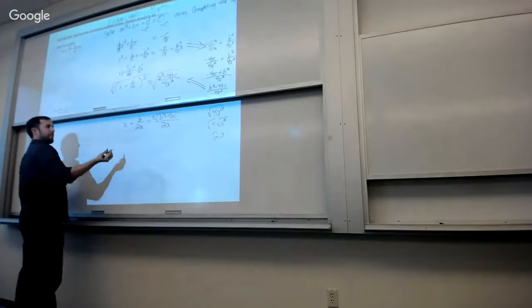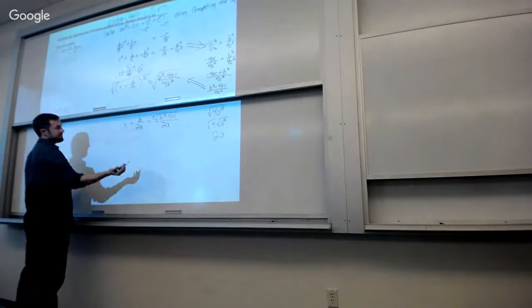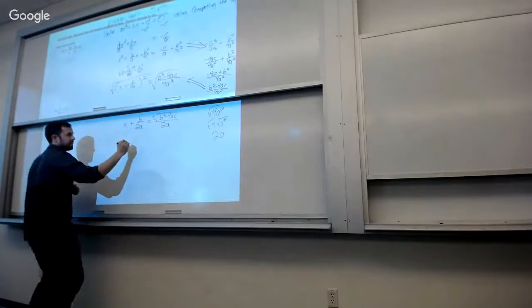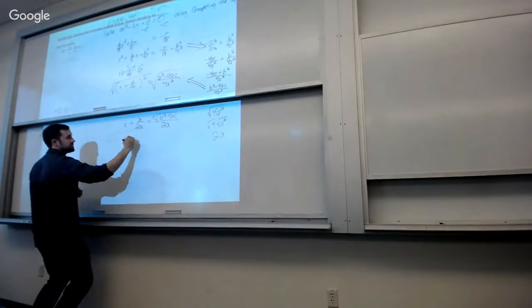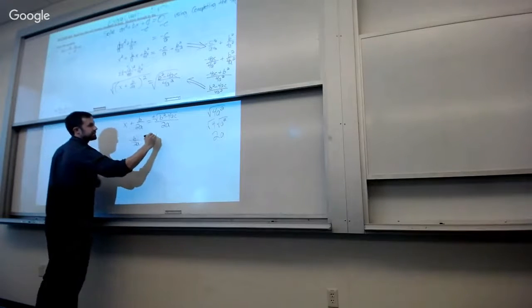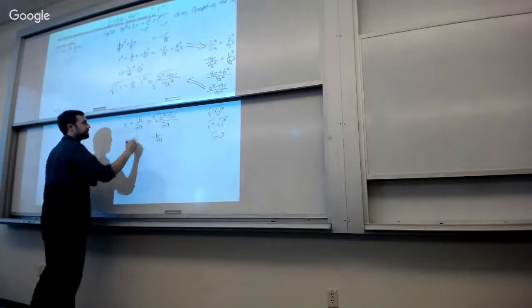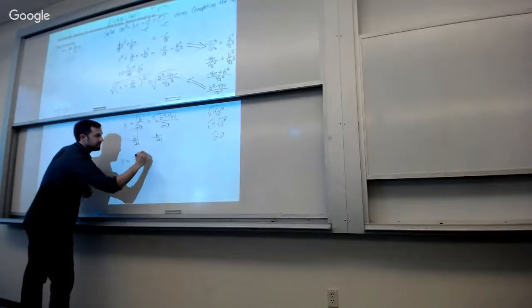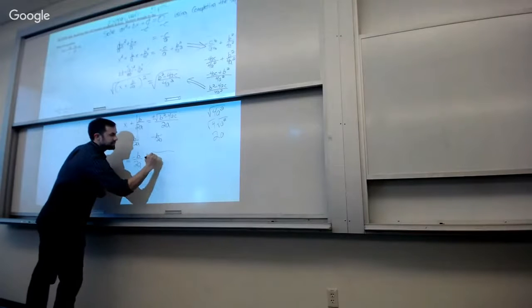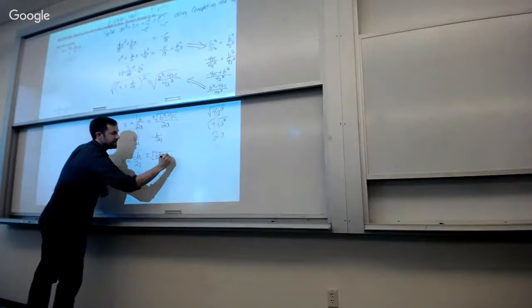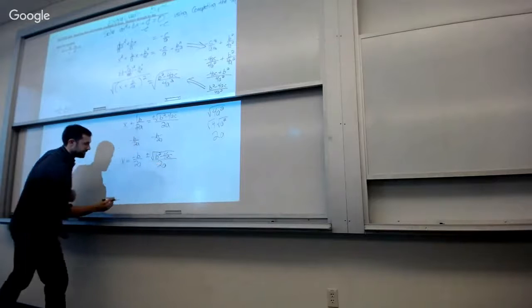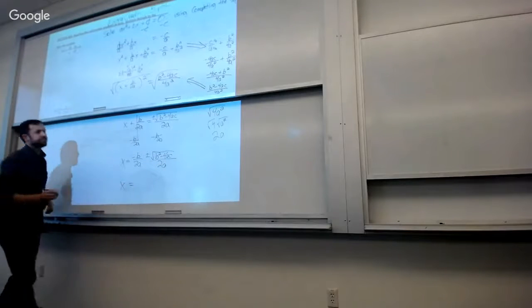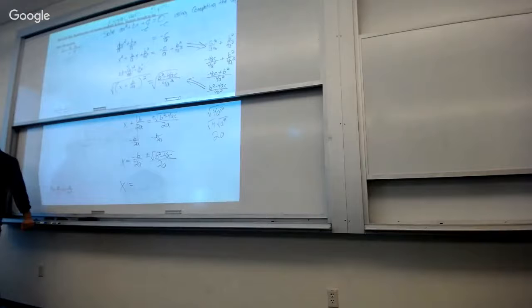And now what? X is being added by b over 2a. So you subtract b over 2a from both sides. And we get x equals negative b over 2a plus or minus the square root of b squared minus 4ac all over 2a. And then what can we do with our final answer?